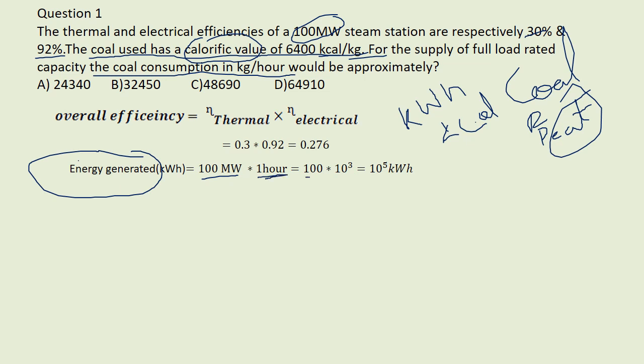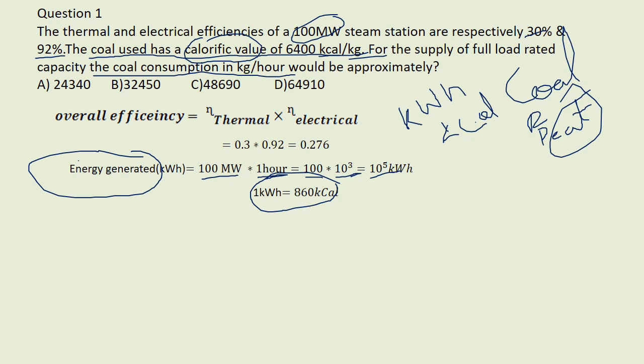So this is 100, and to convert it into kilowatt hour, you multiply by 10 to the power 3. That will give you 10 to the power 5 kilowatt hour. This is the energy that this plant is generating in 1 hour. You need to remember that 1 kilowatt hour of energy is 860 kilocalorie.